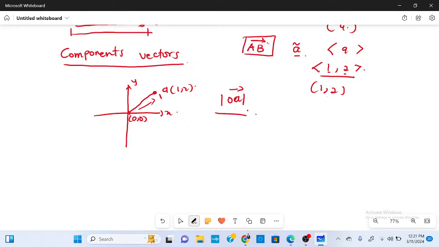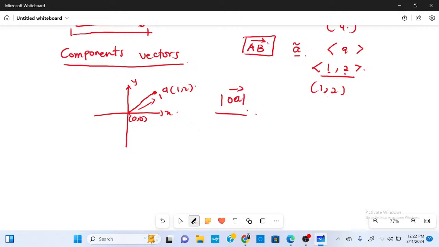So let's see how we find the vector of a line. That is how vectors are represented as a line, and given any problem where you have the components of a particular line, we can find the vector components of that line.